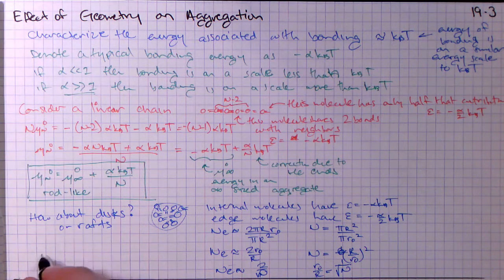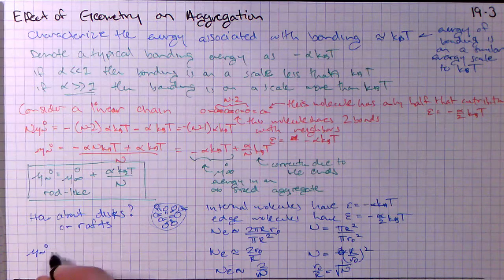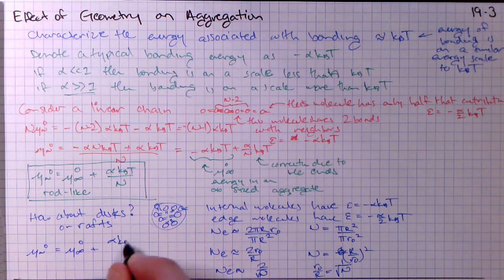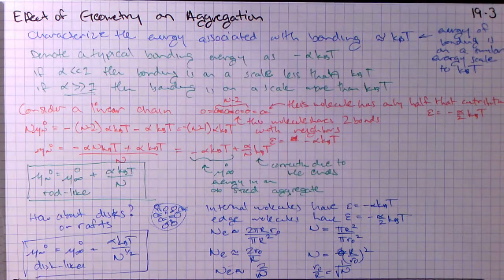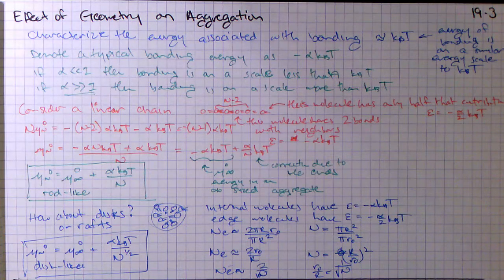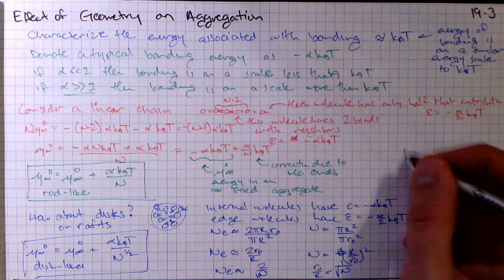So for a disk, we get that mu n0 is equal to mu infinity 0, what we would have for an infinite cluster, plus alpha kBT over n to the 1/2. This is for disk-like aggregates. So we can see a trend here. So what if we had clumps? The third case would be, how about spheres?